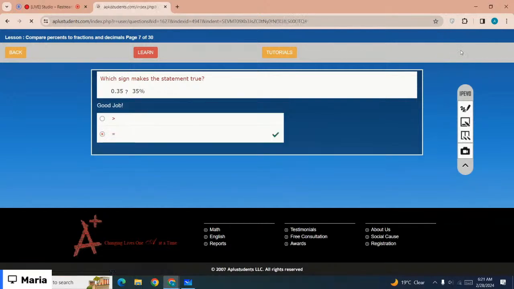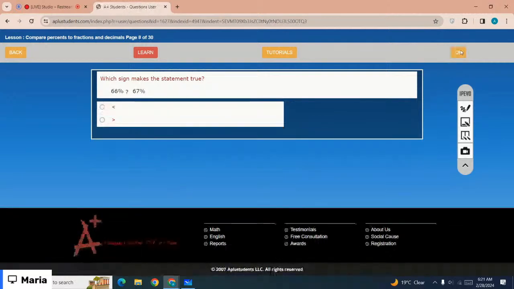The next one is which sign makes the statement true, 66% and 67%.